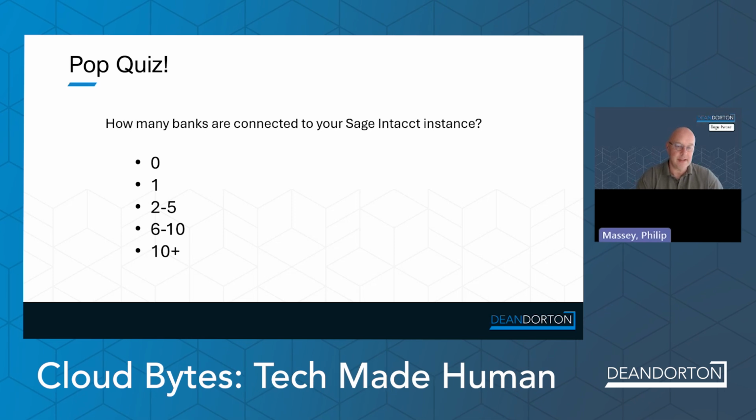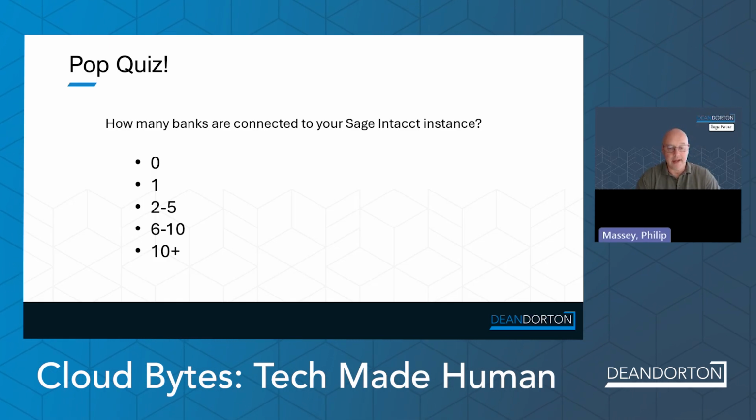So bank feeds. Bank feeds were released a few years ago. It's essentially the way to say Intacct meet our checking account, checking account meet Intacct. We want you guys to be in constant communication all the time.